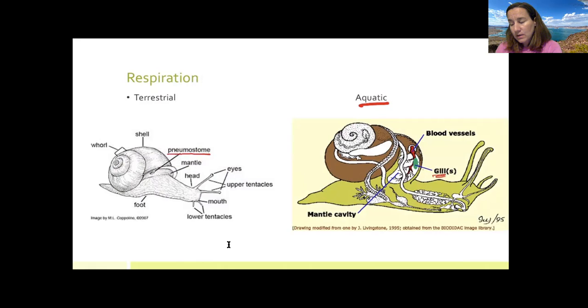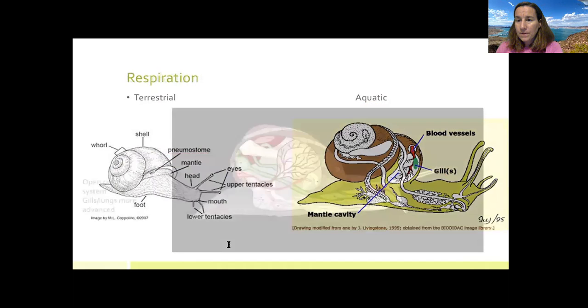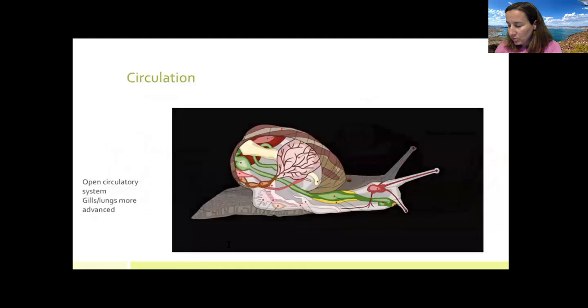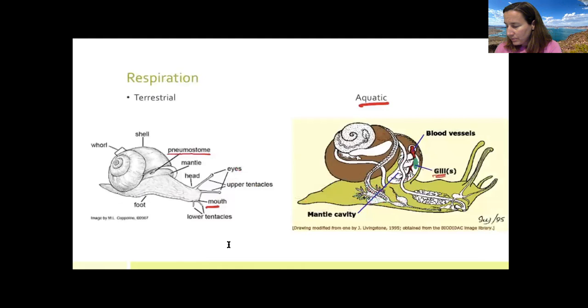If you're aquatic, you are going to use gills. All of these snails are usually going to be herbivorous, and they're going to have a mouth down here, and we don't have the picture of the radula. I have it coming up in another slide, but usually these guys in general are herbivores.